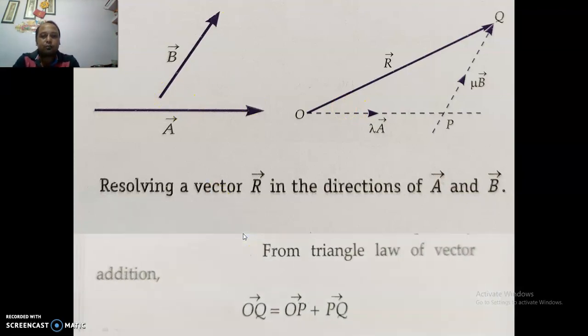So we have formed a triangle here. We consider the resultant OQ, which is represented by vector r, and it can be written as vector OP plus vector PQ.